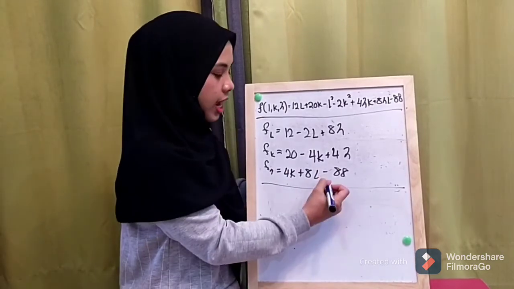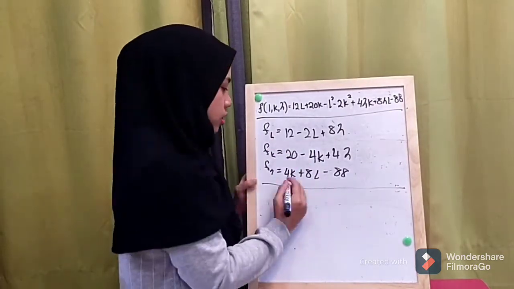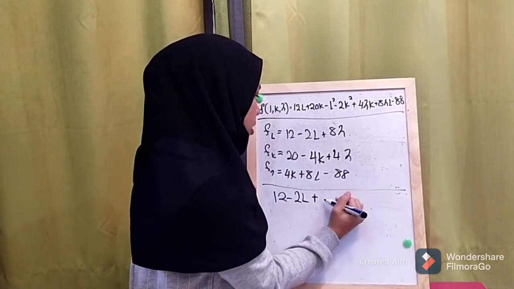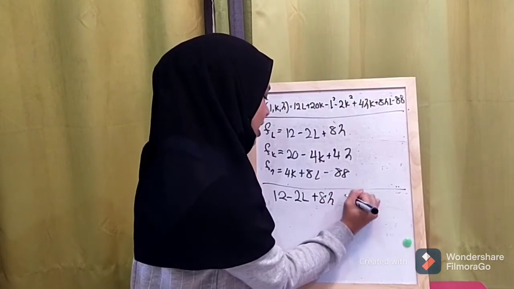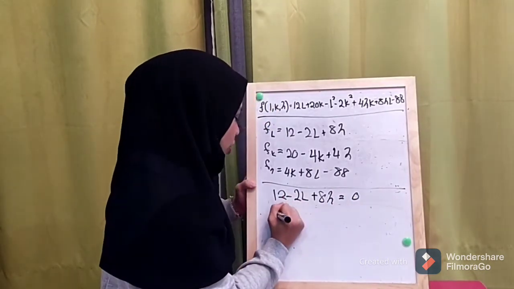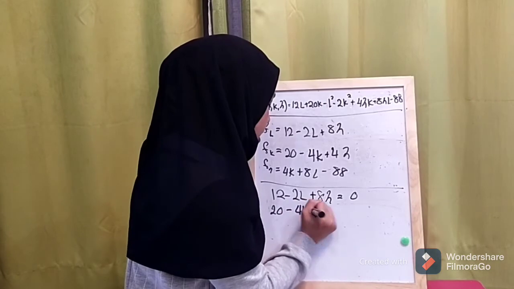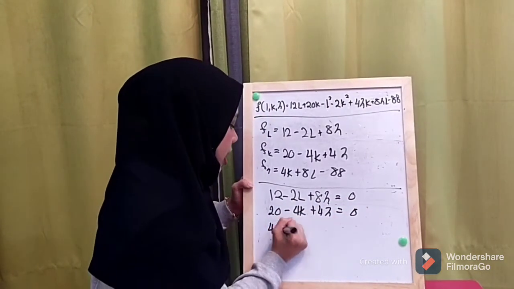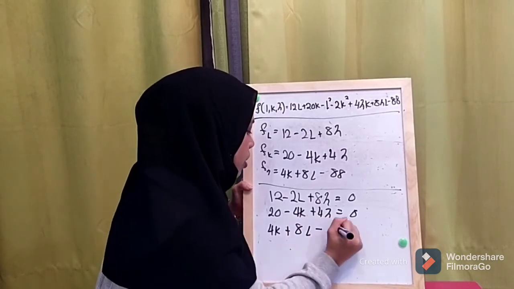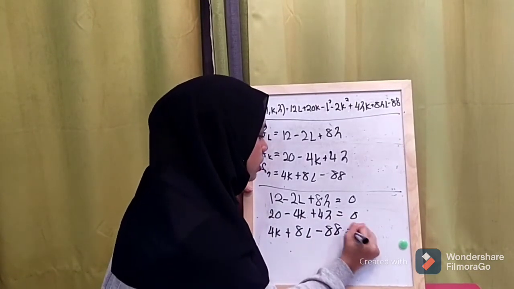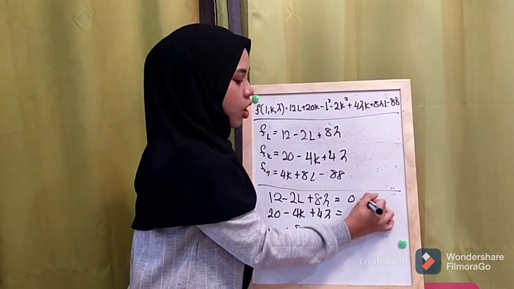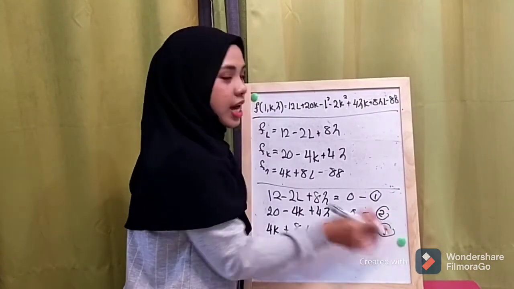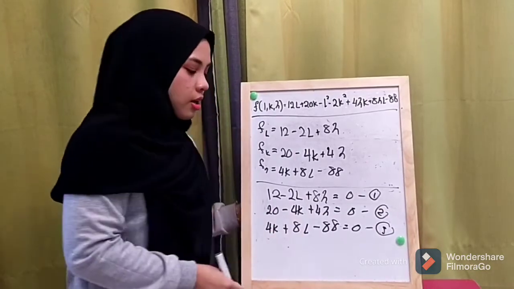So it becomes 12 minus 2L plus 8 lambda equals 0, 20 minus 4K plus 4 lambda equals 0, and 4K plus 8L minus 88 equals 0. So we get 3 equations from these functions.